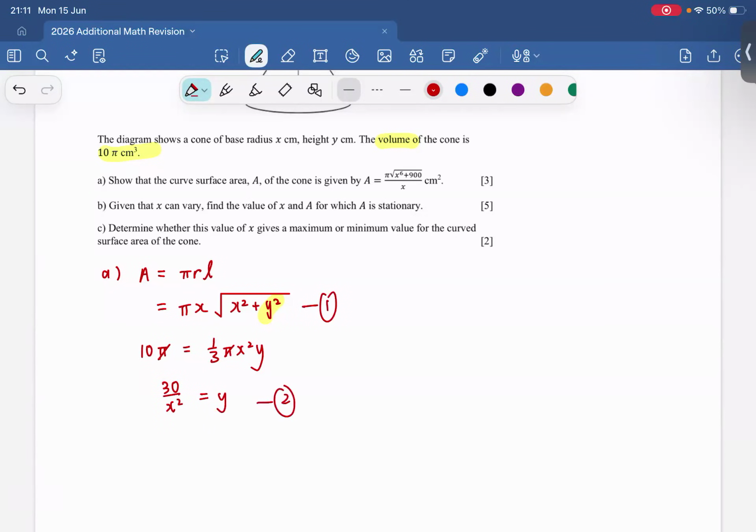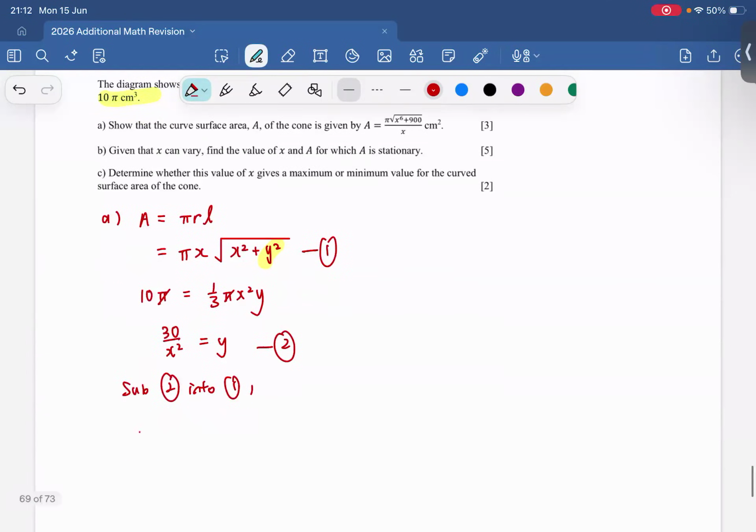Equation 1, equation 2, sub 2 into 1. So hopefully after this, it will become what I want to show over there. If not, then you have to go and sit down and redo and contemplate how to get it. But this is the first thing that comes to my mind.